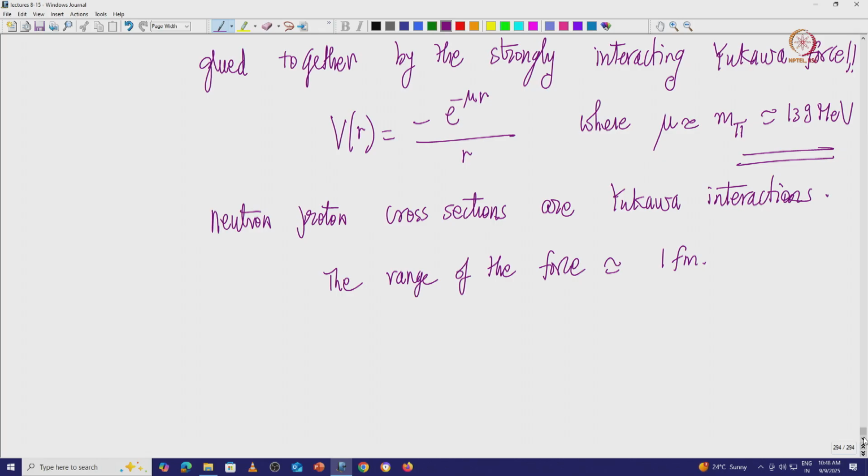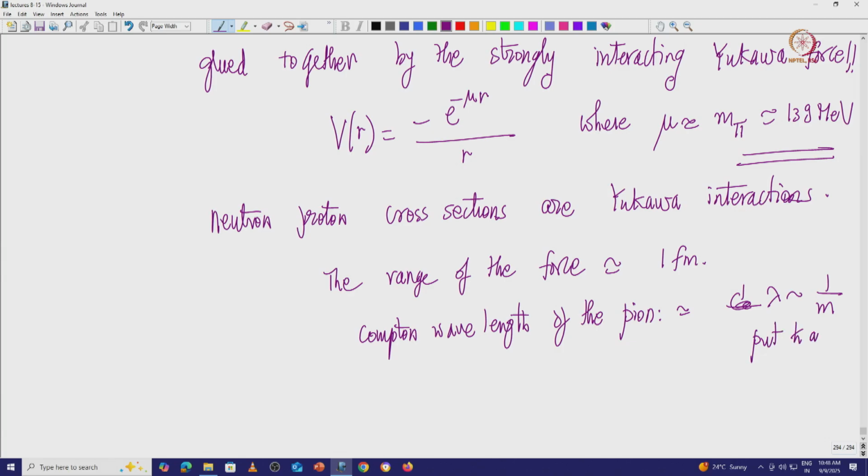You can also estimate it by the Compton wavelength of the pion, which is 1 by lambda equal to 1 by m, which is roughly 1 Fermi. Put h-bar and c accordingly.